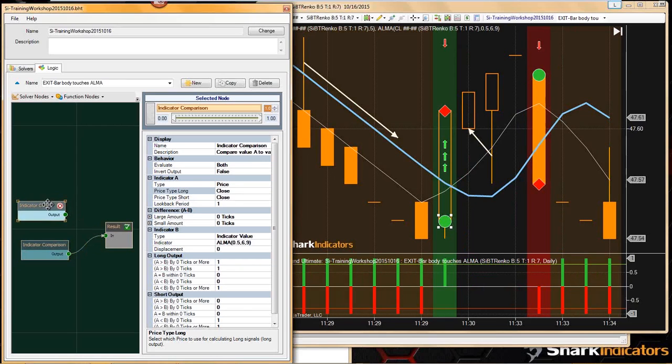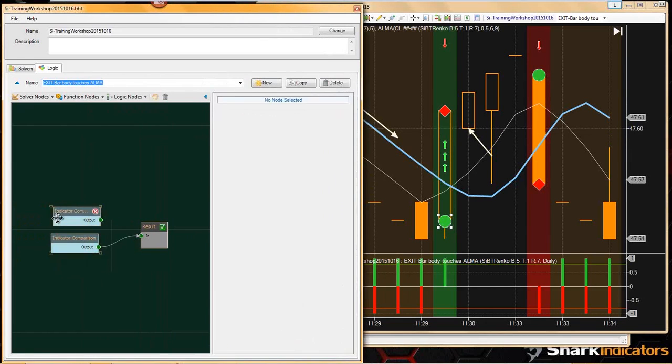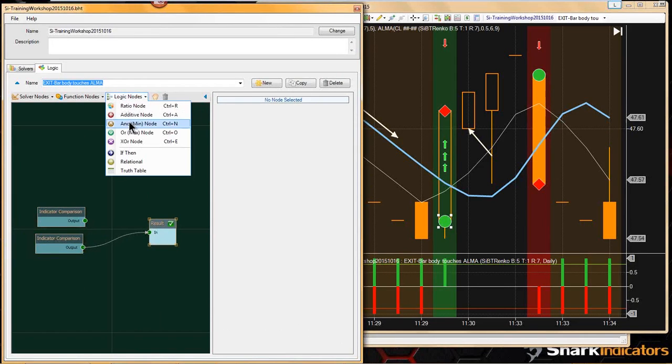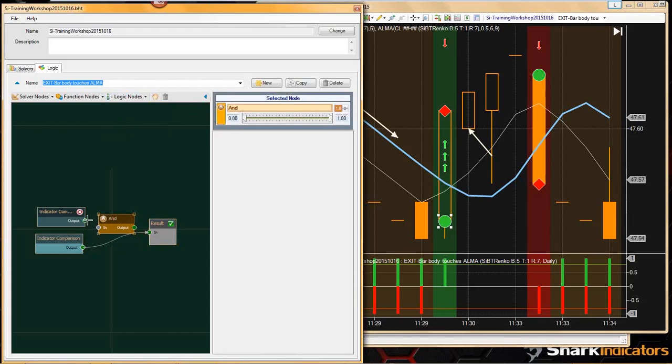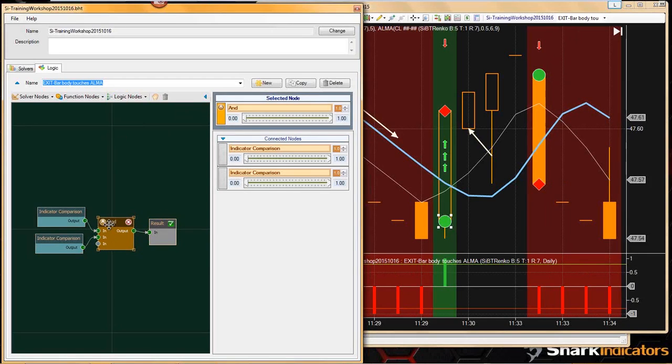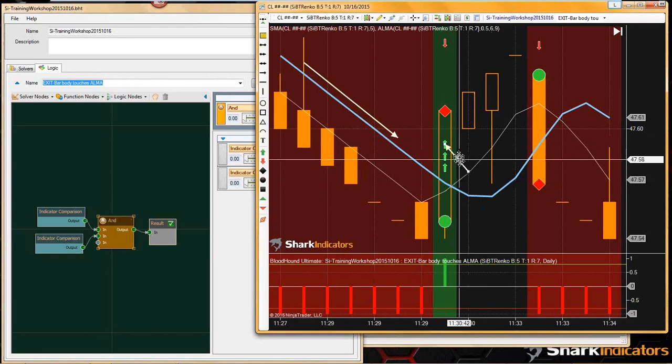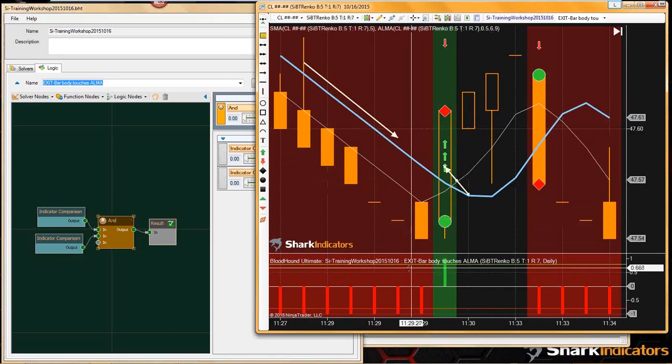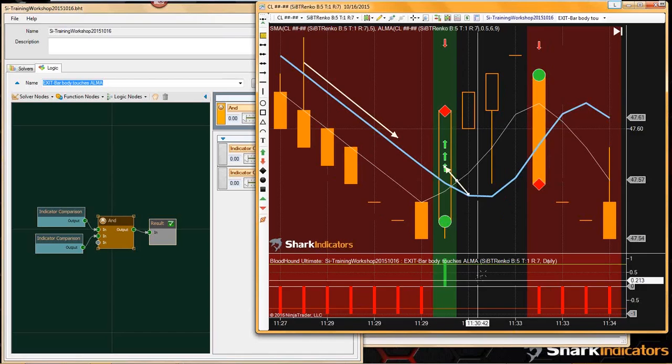We need both of those conditions to be true at the same time to get the correct result. So we're going to use an AND node, and the AND node makes sure that both of those conditions are true at the same time. So there's our long output only on that bar, and you notice there's no long output on any of the other bars here.